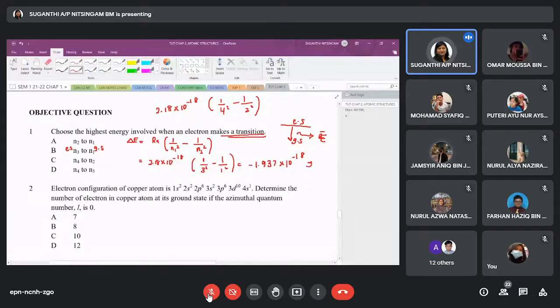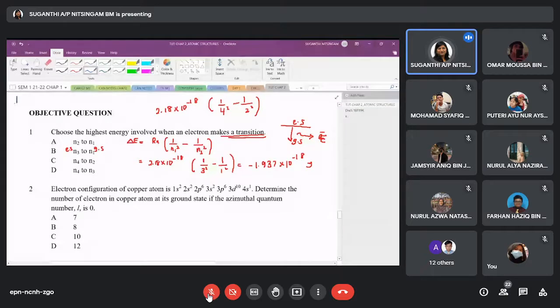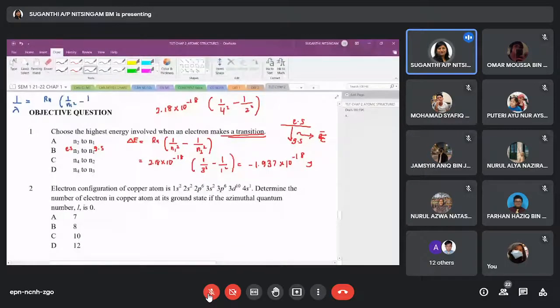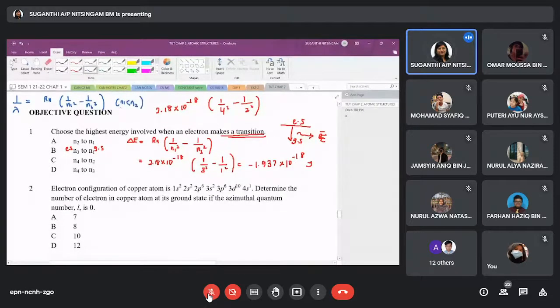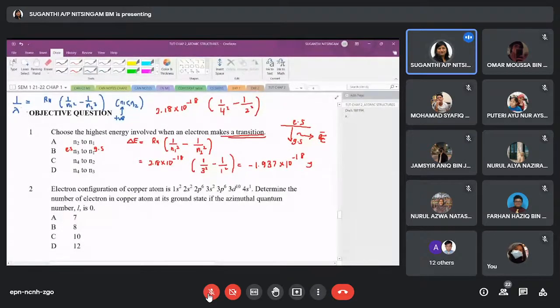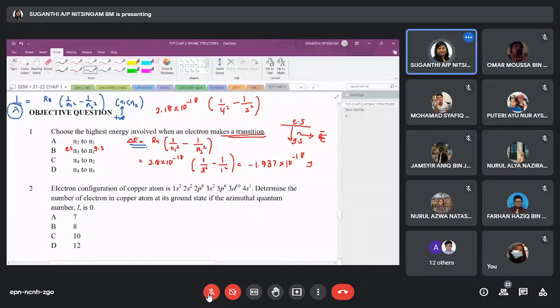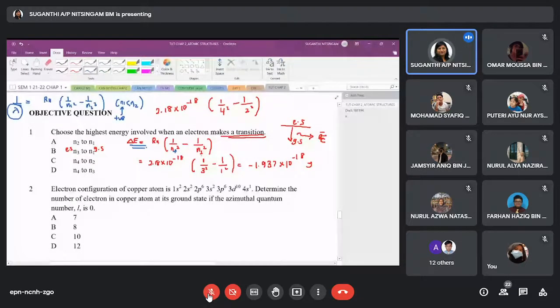We have two formulas. For wavelength, 1 over lambda equals R_H times 1 over n1 squared minus 1 over n2 squared, where n1 must be smaller than n2, because we want a positive wavelength. But for energy, it goes from the excited state, initial, to the final ground state.